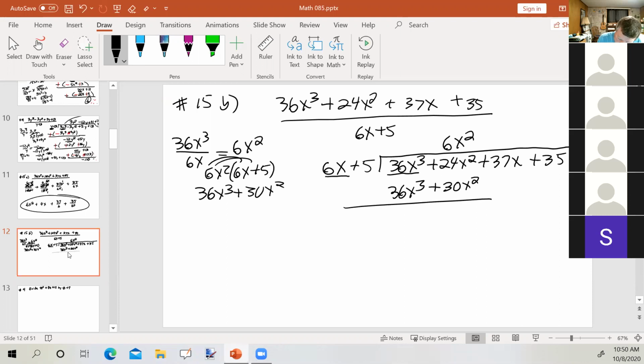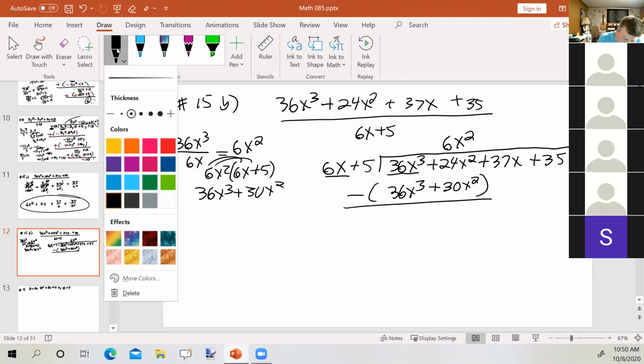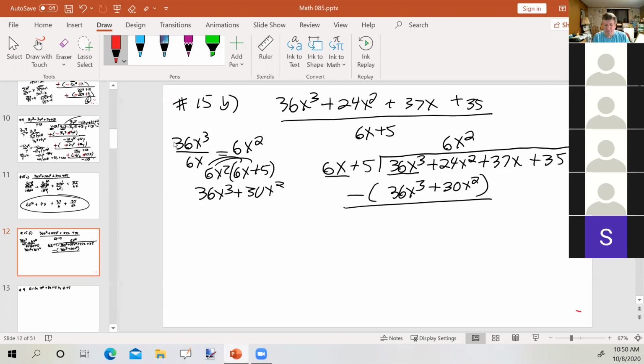We're going to subtract that quantity from what's up above. We'll distribute the subtraction or change it to addition of the opposite. So now 36x cubed plus negative 36x cubed is 0. 24x squared plus negative 30x squared is negative 6x squared.